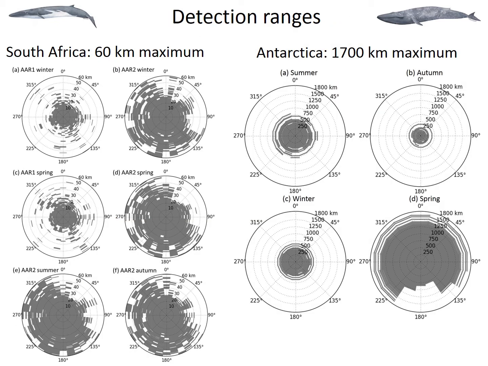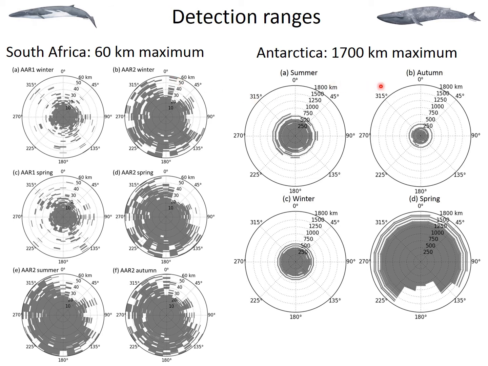And then we'll look into the detection ranges for us to be able to tell what are the environmental conditions and how far were these whales calling from, given that we know that whales, specifically blue and fin whale sounds, can be detected from tens to thousands of kilometers. And it was interesting that here in South Africa, the maximum detection ranges were about 60 kilometers.